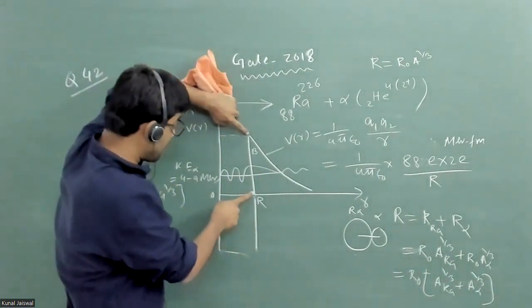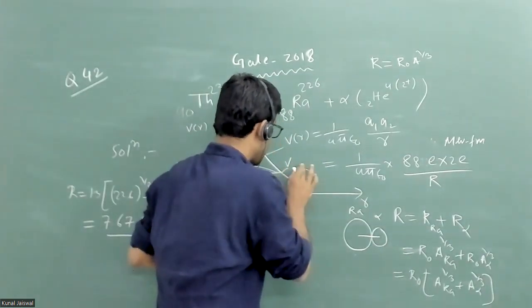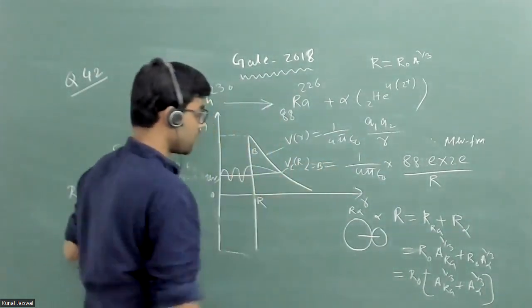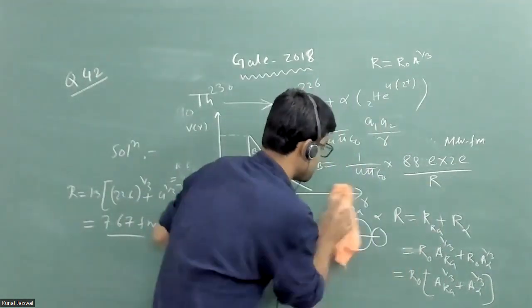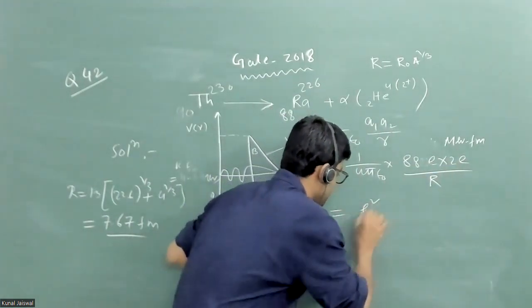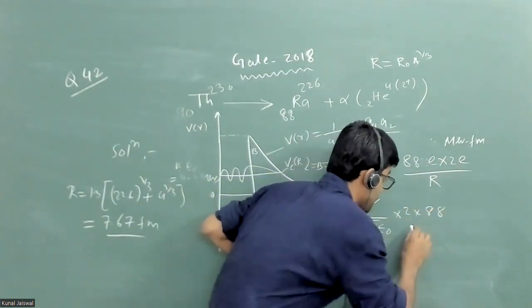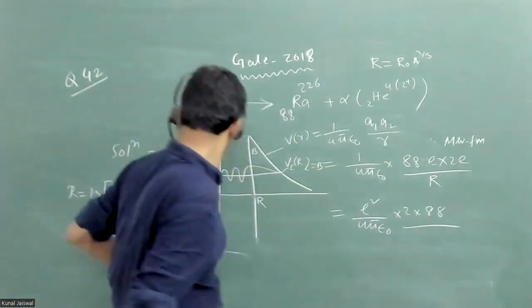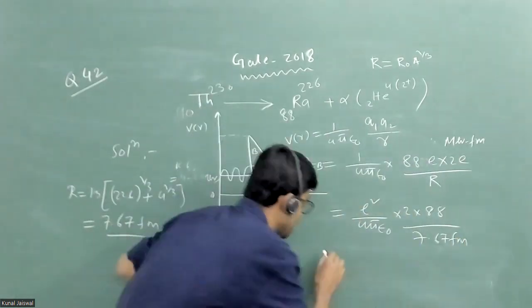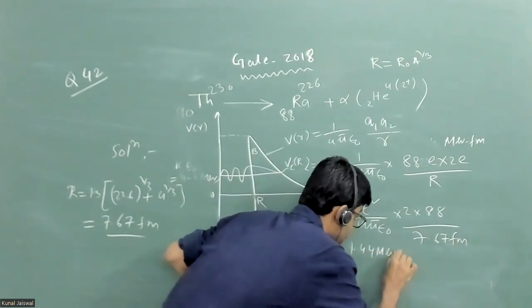At this situation, you will have the barrier height B, which can be written as V C of R, the Coulombic barrier potential at R, simply B. Let us substitute the values. You have e into e, that is e square, so I can write e square by 4 pi epsilon naught, and then 2 into 88, divided by R, which we have obtained as 7.67 femtometer. Now e square by 4 pi epsilon naught is given as 1.44 mega electron volt femtometer.